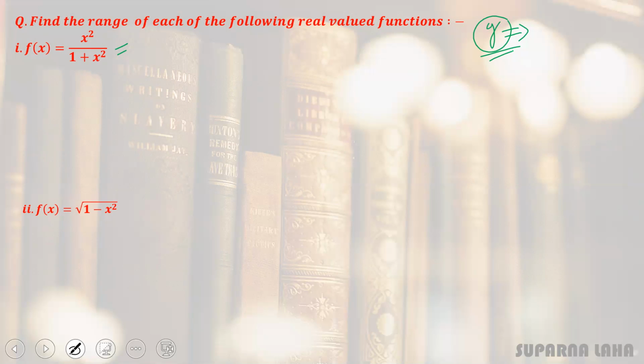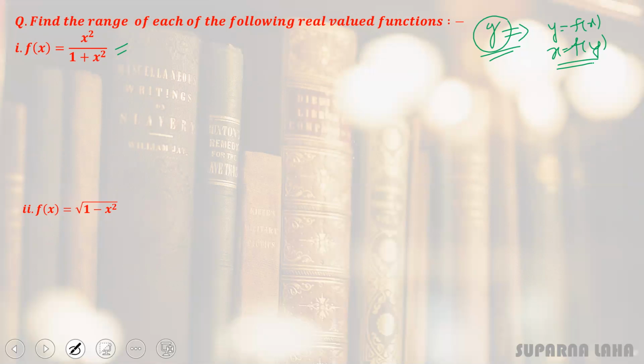For that, we need to firstly represent this function y = f(x) in the form x = f(y). That is, we need to represent x as a function of y.